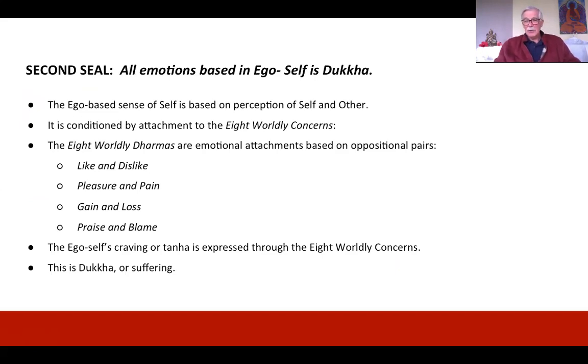And finally, praise and blame. I think it's amazing, but if we consider it dispassionately, as the Buddhists teach us to do, let's say somebody says, you're a horrible person. It's almost impossible not to feel like, what? Why? What's the matter with you? Or gee, am I? It's almost impossible not to feel something painful from that.